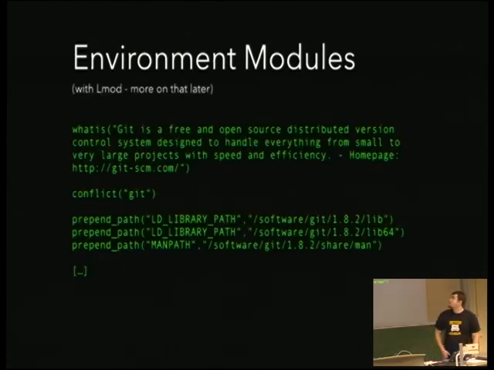So, an example from environment modules. This is an nmod specific. I'll come to that later. There are different versions of modules available today, but this is an example of how to load Git in a standard installation. So you see LD_LIBRARY_PATH, MANPATH, and a conflict with another Git version. If the system Git is already loaded, you need to undo it and stuff.